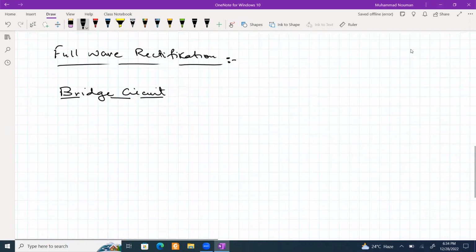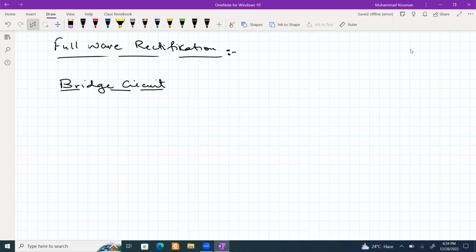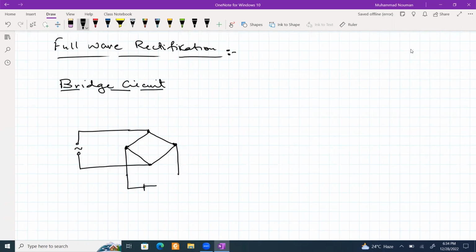And the circuit is drawn with four diodes, an input source, an AC, of course, and then four.